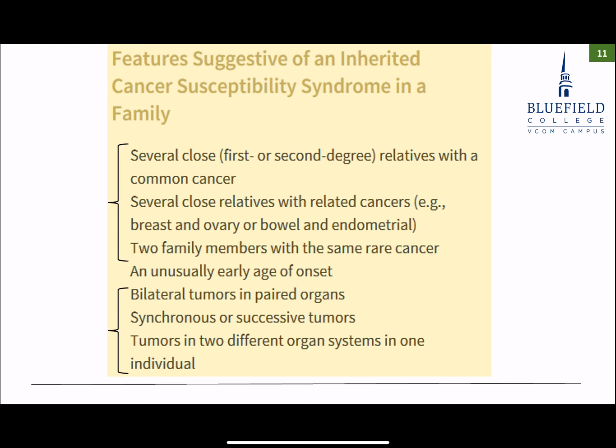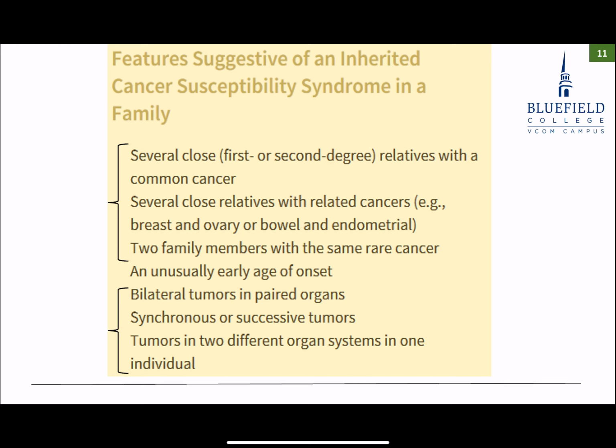And then there are some criteria that apply to the symptoms, the presentation. For example, there could be an unusually early age of onset. I mentioned that in the context of retinoblastoma, that a sporadic case affects children, but if it's unusually early, it could be suggestive of a familial case.